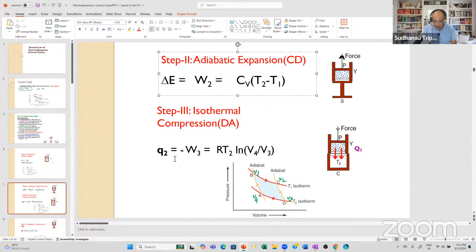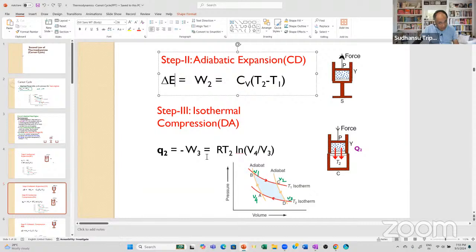So Q2 that it will throw to the sink is the compression work. W is minus, so minus minus becomes plus. So Q2 will be negative. The work will be plus. Q2 will be negative because it will be throwing out.